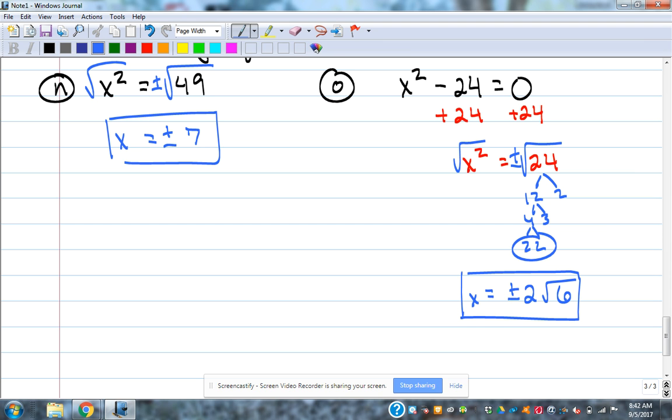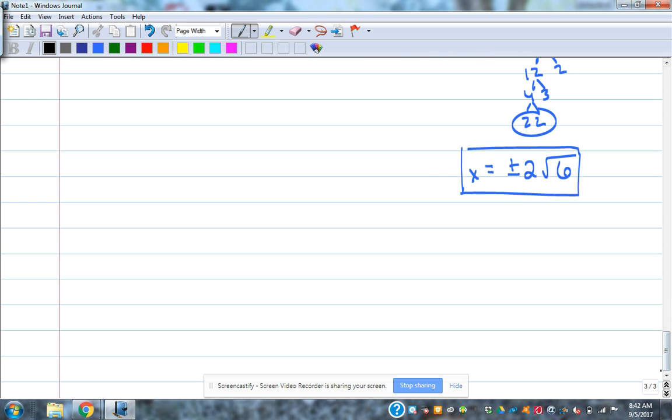But when we adapt this to graphing in a week, we're going to need the decimal too. Because who knows where 2 radical 6 is on the number line? Off the top of my head, I can tell you close to where it's at, but I don't know exactly. But if I got the decimal, I could tell you exactly where it's at. So that's where the decimal part will come into play. We're going to get the exact solutions today, though.